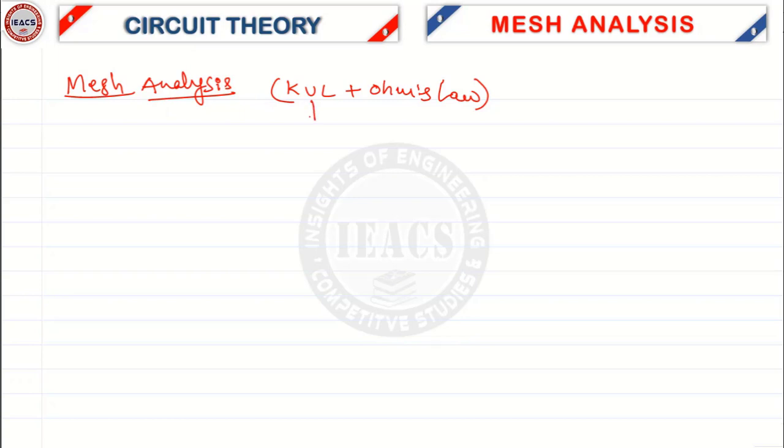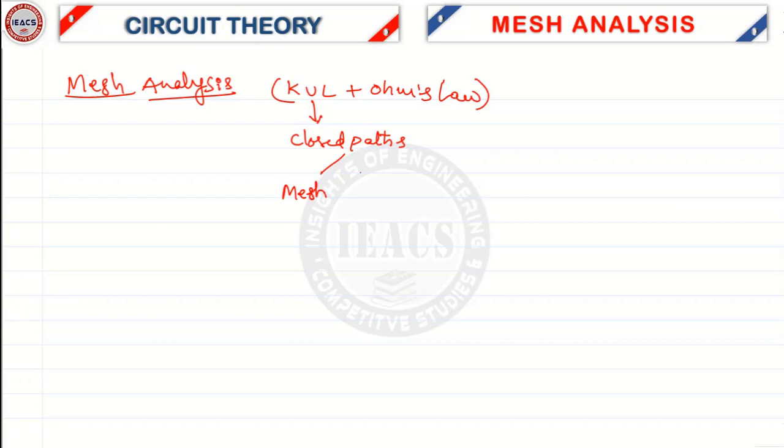We know that KVL is applicable for closed paths in a circuit. But we know that the technical names of closed paths in a circuit are nothing but mesh and loop. We know that a mesh is a fundamental closed path in a circuit.